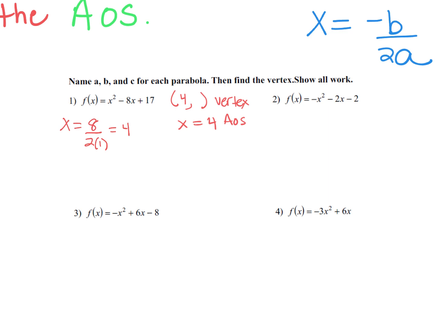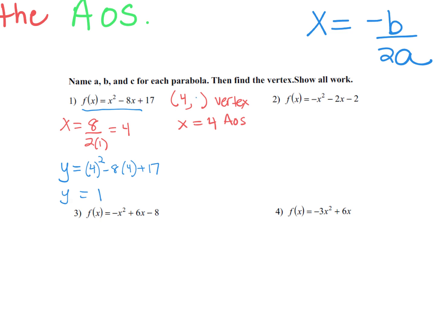Now, to figure out the y-coordinate of the vertex, we go back into our original equation, y equals, and in place of the x, we're going to put in what we have found for the x-coordinate, which is 4. So I'm going to have 4 squared minus 8 times 4 plus 17. And when I plug that into my calculator or do mental math, I'm going to end up with the y value as 1.